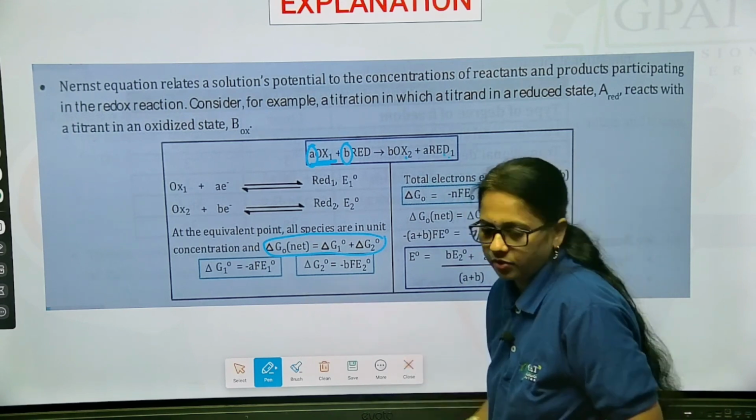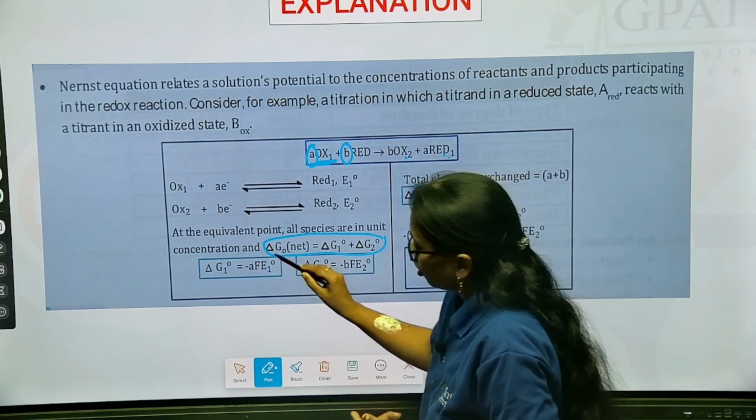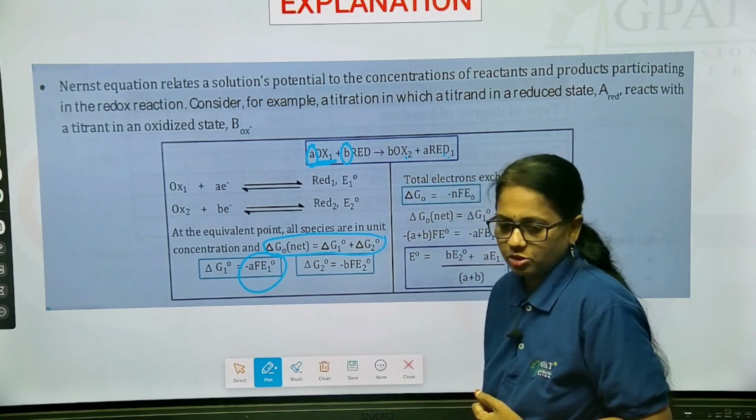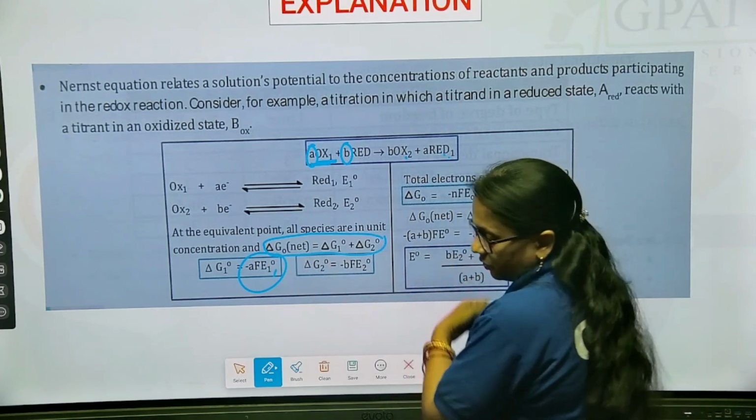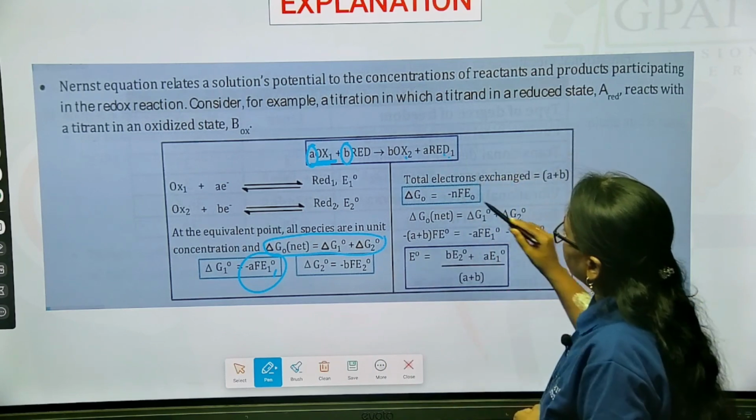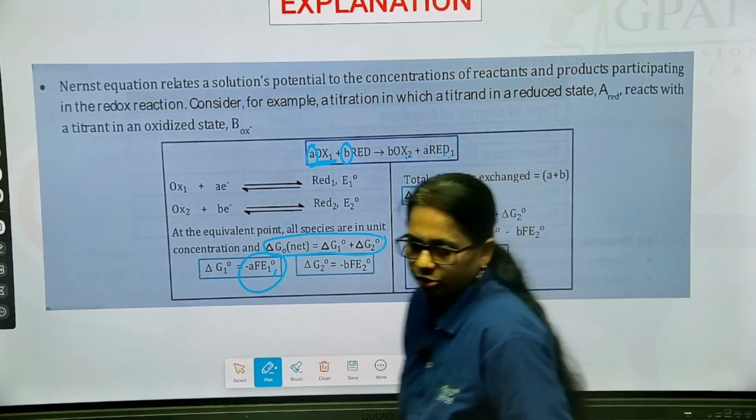So, what is delta G1? Again, you need to calculate it based on the number of moles and standard potentials. Okay. So, this is for the first oxidized form, this is for the second oxidized form, and the total is based on the electrons exchanged. Okay.